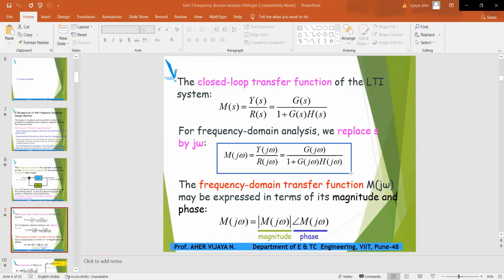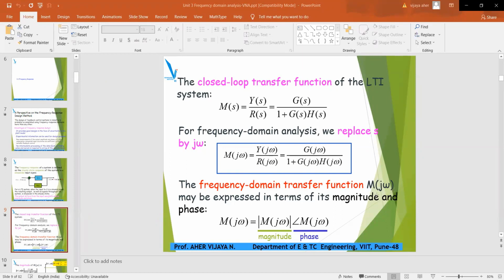Now we are going to calculate the magnitude and phase of this. In frequency domain analysis, two terms are important: the first one is magnitude and the second one is phase, that is, Y and phi. So the frequency domain transfer function M of J omega is represented in terms of two parameters.